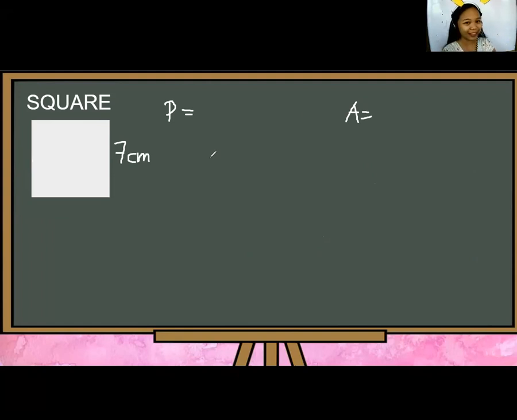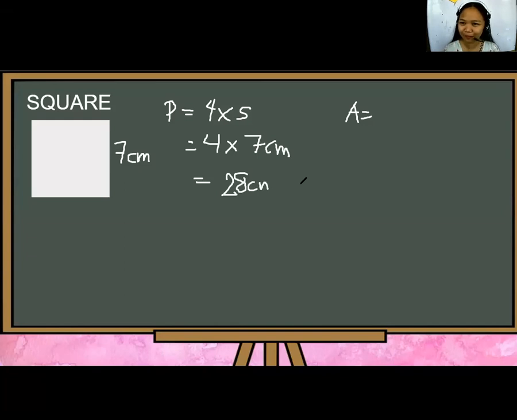The formula in getting the perimeter of a square is 4 times S, or 4 times 7 centimeters. So that is 4 times 7, 28 centimeters. Great job, everyone.